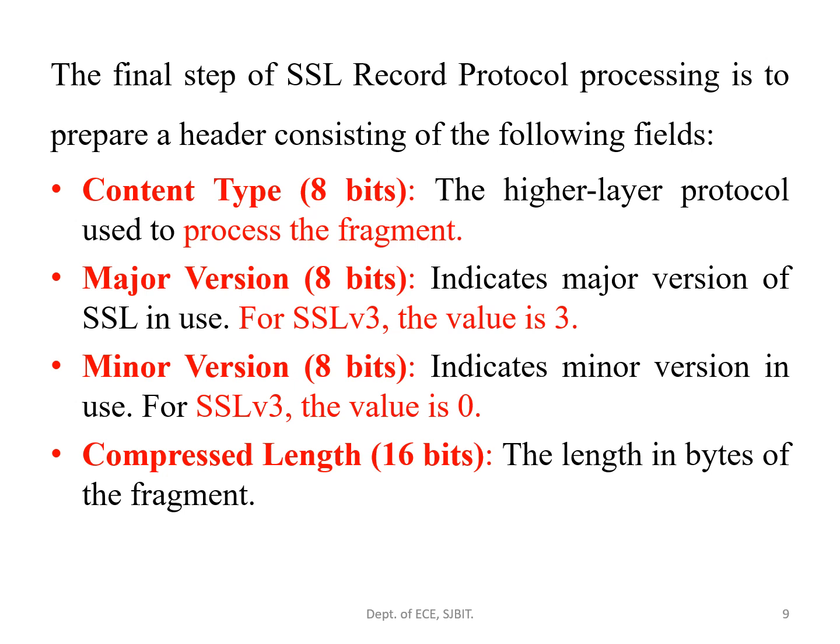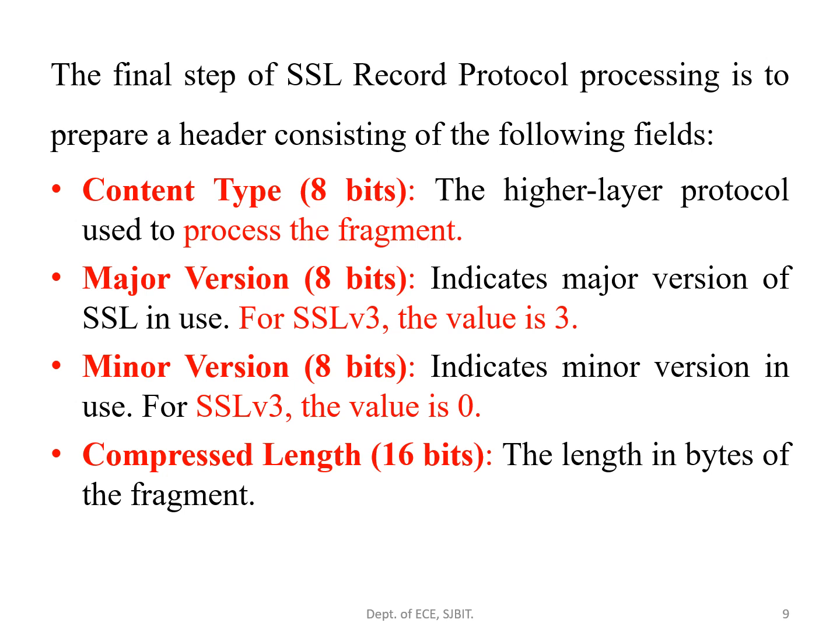First, content type: the higher layer protocol used to process the fragment. Next is the major version, which indicates the major version of secure socket layer in use. That value is 3.